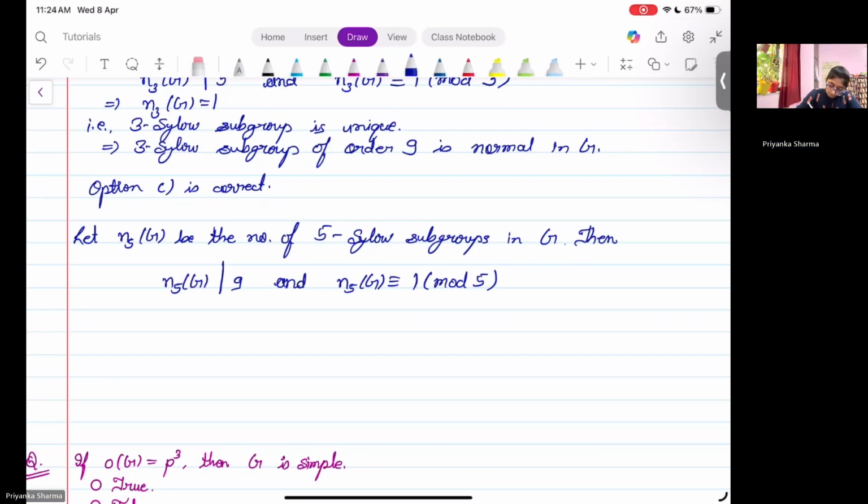So again, the Sylow subgroup for prime 5 is also unique.